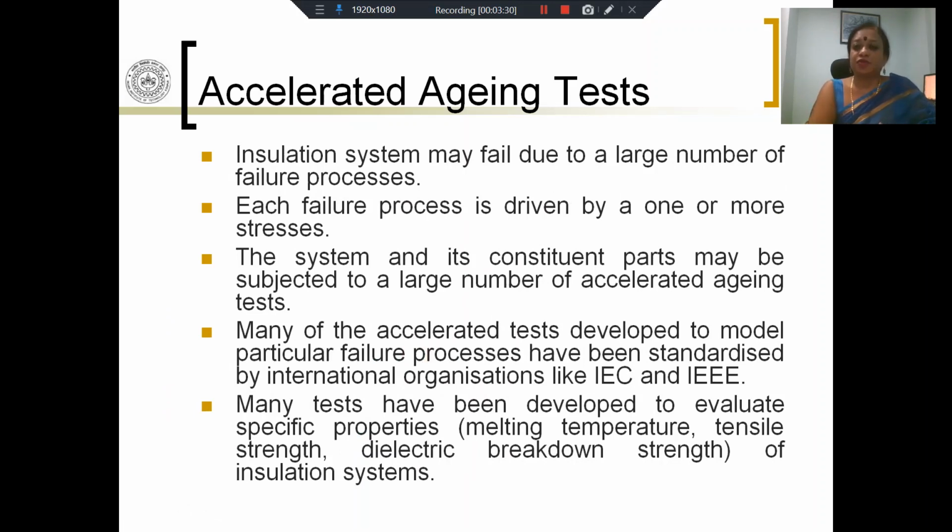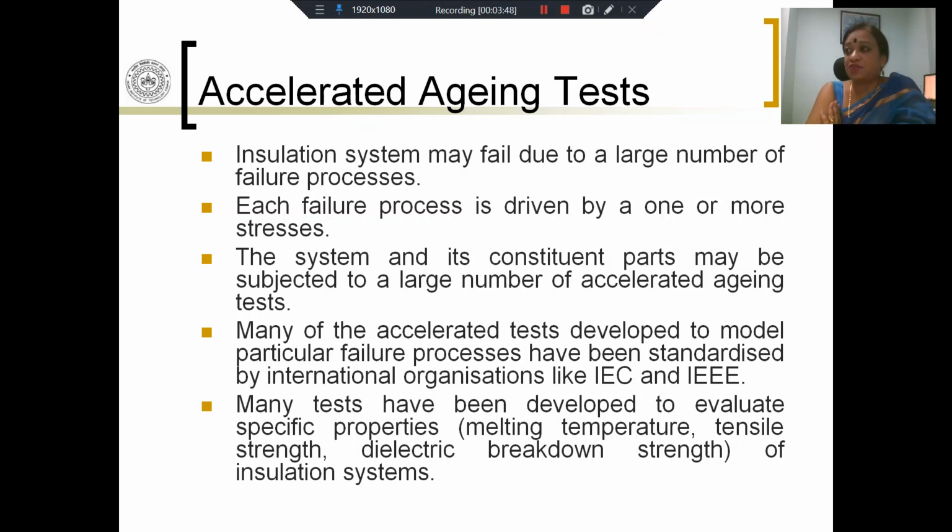Now, when we talk about building a model of the system, we have to understand what we are trying to model. Insulation system may fail due to a large number of failure processes. And we've already seen that there are so many breakdown processes, and we were just talking about electrical breakdown.